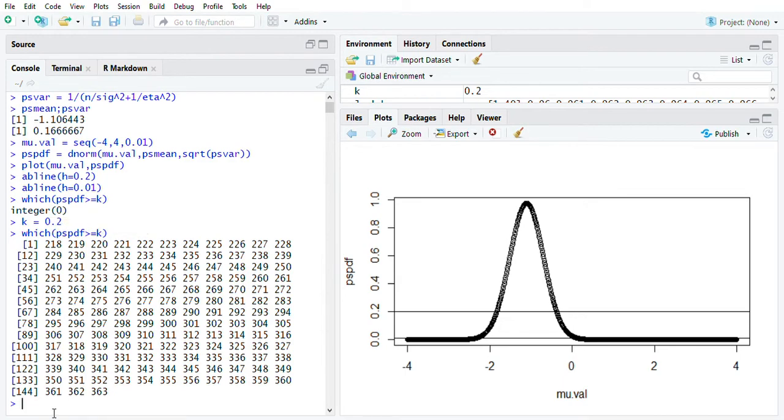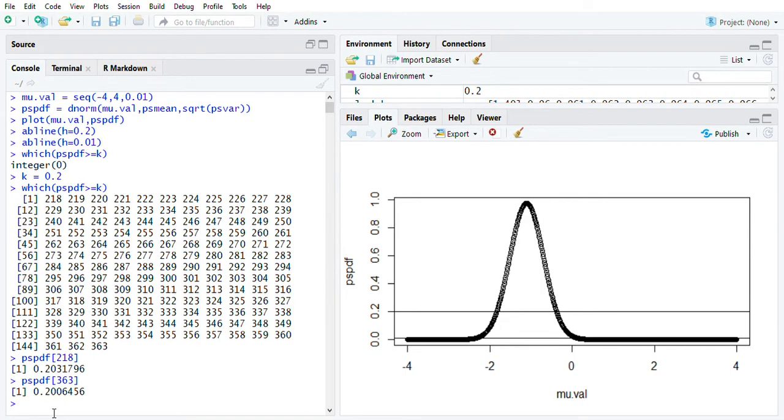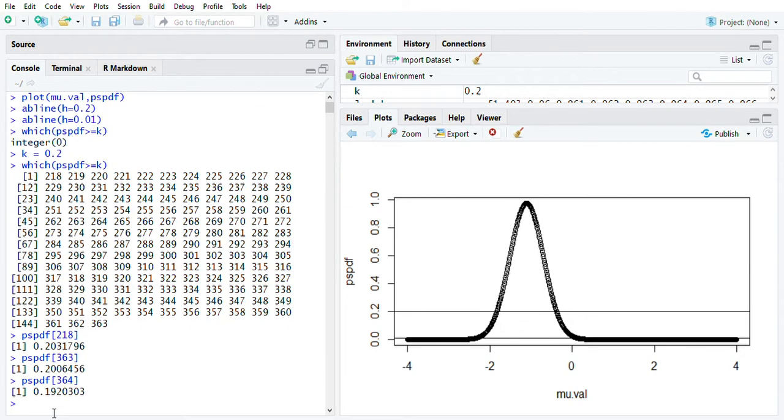So for example, PS PDF at 218 is larger than k, and PS PDF at 363 is also larger than k, right? Means if I go for PS PDF at 364, it is not going to be larger than k, it is going to be smaller than k. Similarly, PS PDF at 217 is again going to be smaller than k.